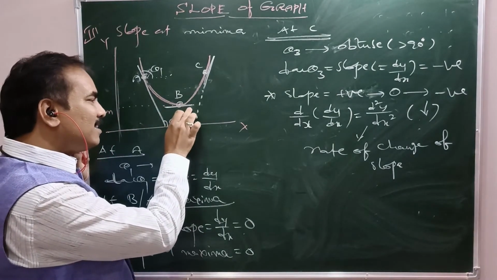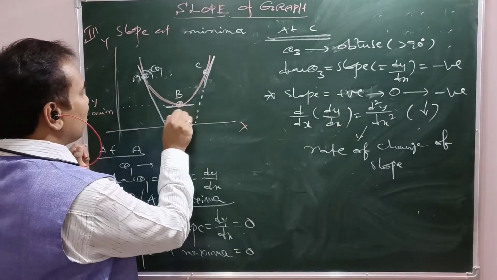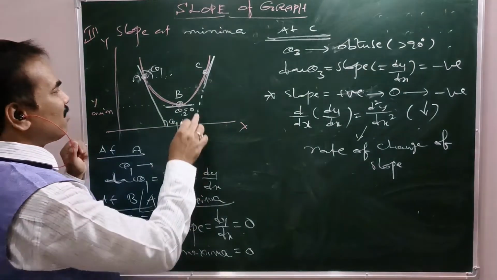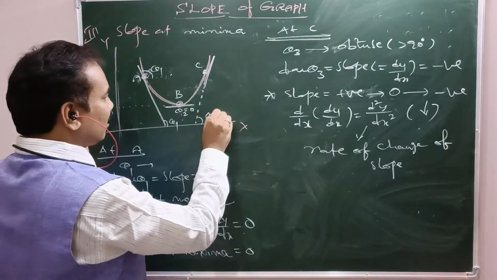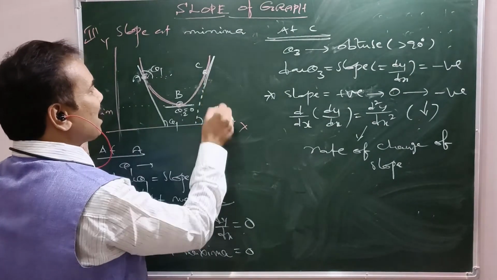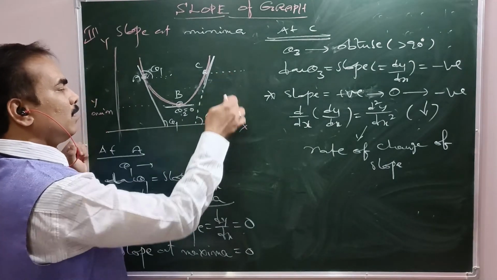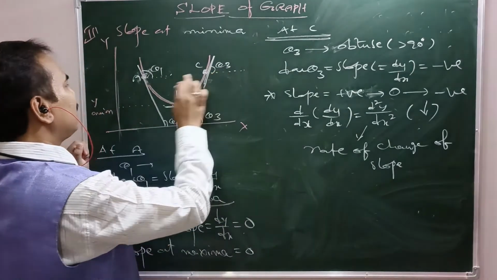The angle between tangent and x-axis is 0, so theta 2 is 0. Now the tangent drawn at point C makes an angle theta 3 with positive x. Otherwise the same can be taken somewhere here also by taking a line parallel to x. That is theta 3.